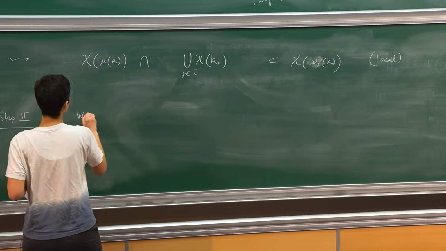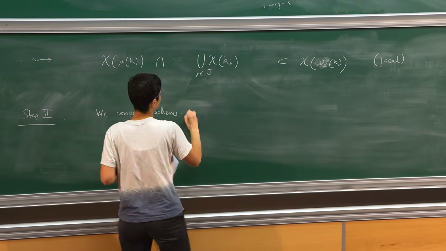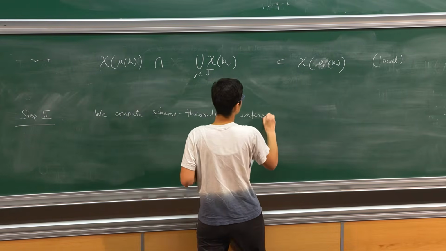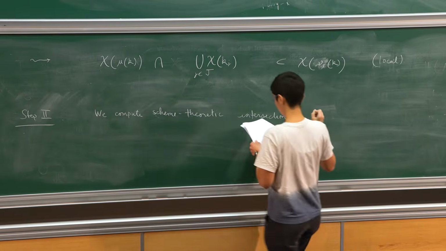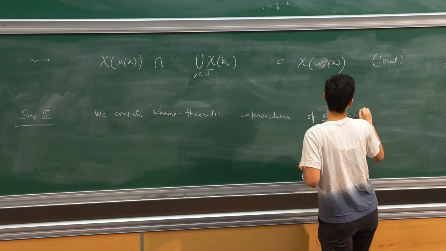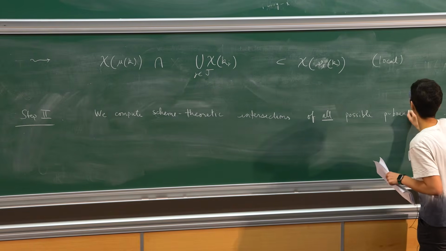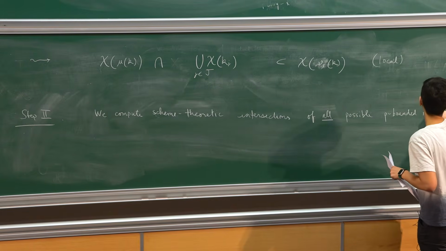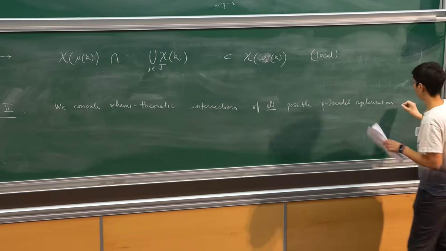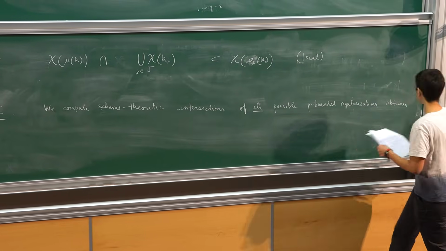So for step 2, we compute scheme-theoretic intersections on the Emerton-Gee stack of all possible p-bounded regularizations of k, p-bounded regularizations obtained by applying your favorite sequence of mu, theta, and nu.